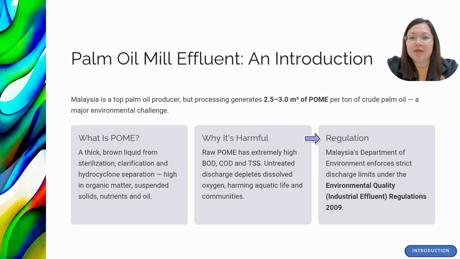If discharged without proper treatment, its very high BOD, COD, and TSS levels can reduce the dissolved oxygen in rivers, pollute water sources, and harm aquatic life and nearby communities. Therefore, proper POME treatment is essential to protect the environment.